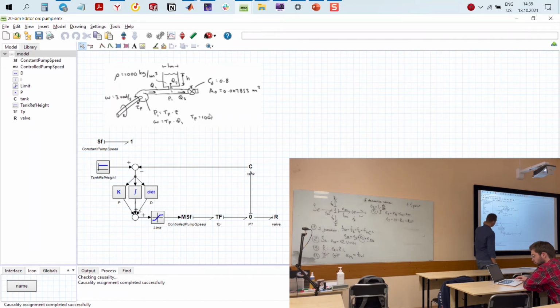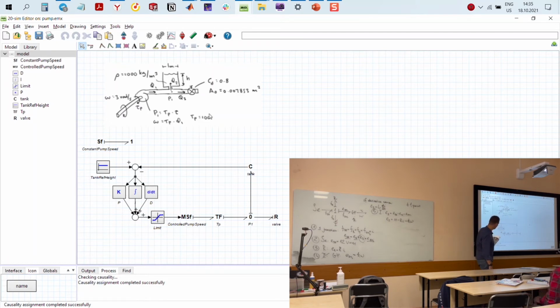You have a pipe, a tank with water, and a motor that pumps water inside the pipe, and you have a valve here. Your task is just to get the desired height in the tank with the water.